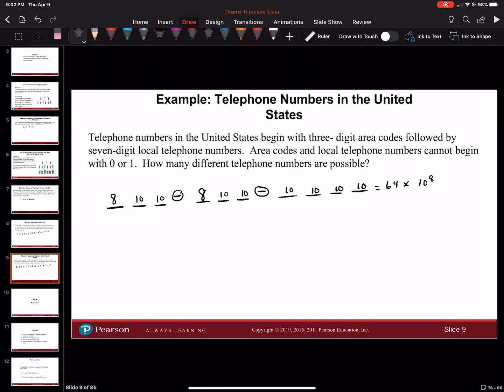So it's 64 times 10 to the 8th. Then you should get 6, 4, 0, 0, then we have 6 zeros behind it. So it's 6,400,000,000.